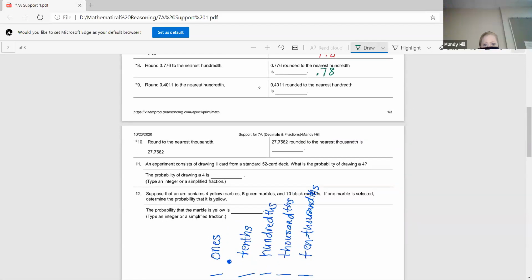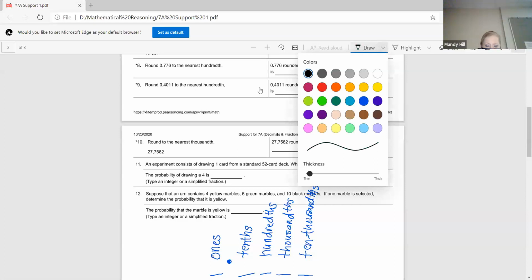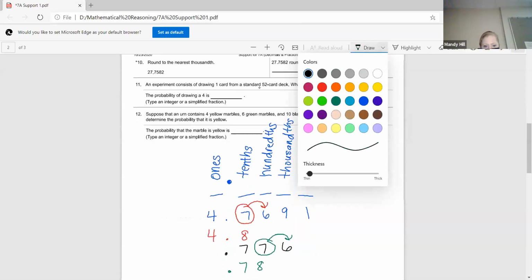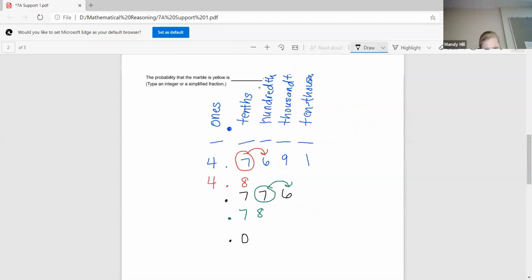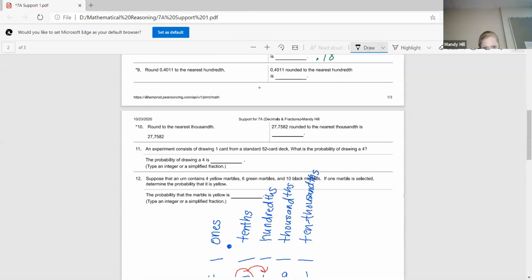The next one says also to round to the nearest hundredth, and we've got 0.4011.